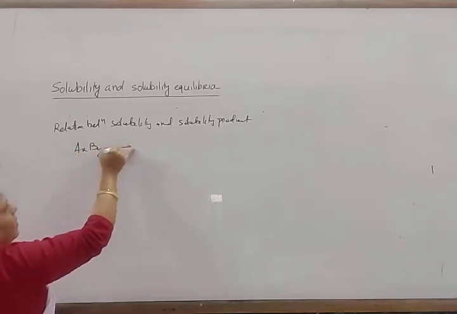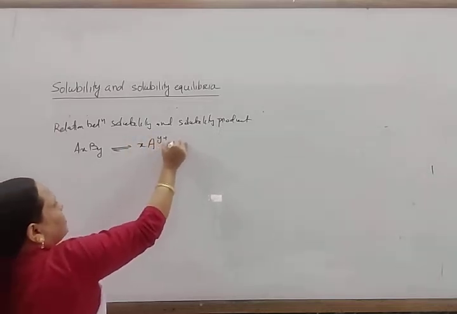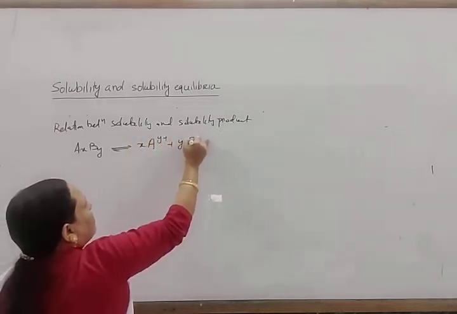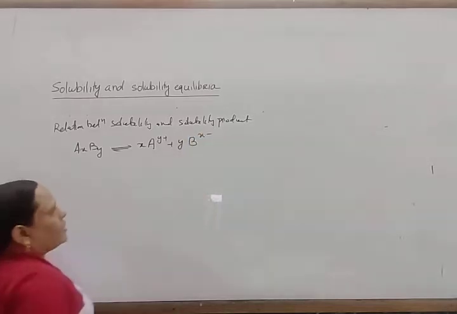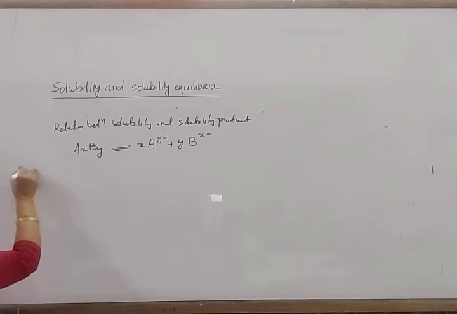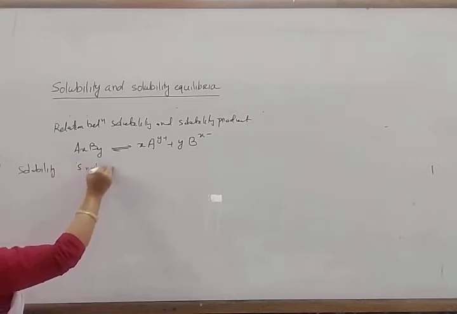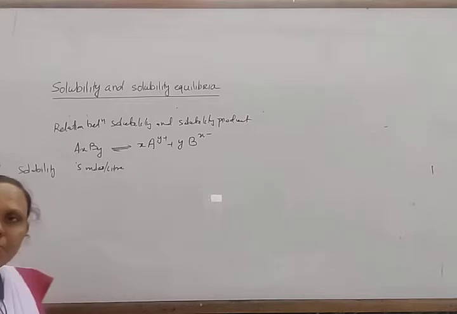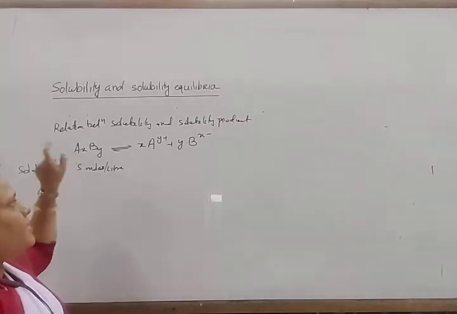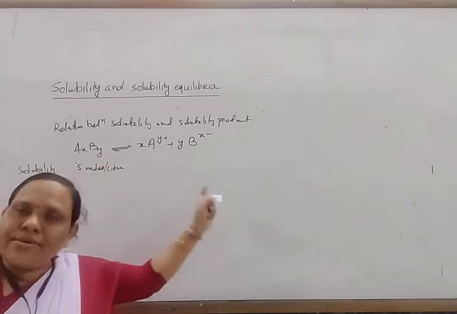Okay, so let us consider a salt AxBy which ionizes as x number of A^y+ plus y number of B^x-. Suppose its solubility is S moles per liter. As it is a strong electrolyte, the salt undergoes complete ionization.